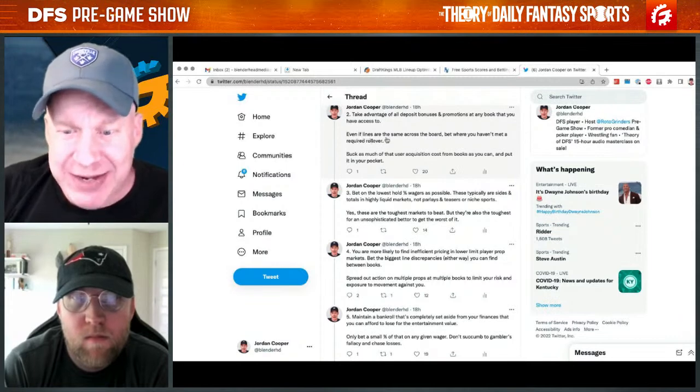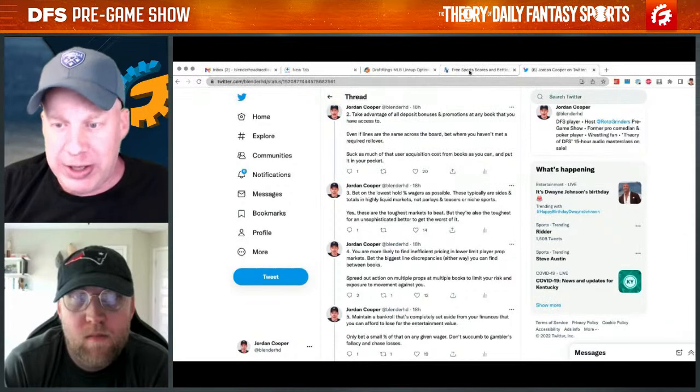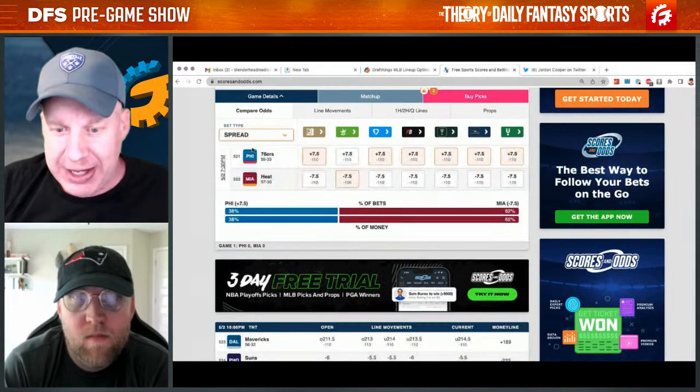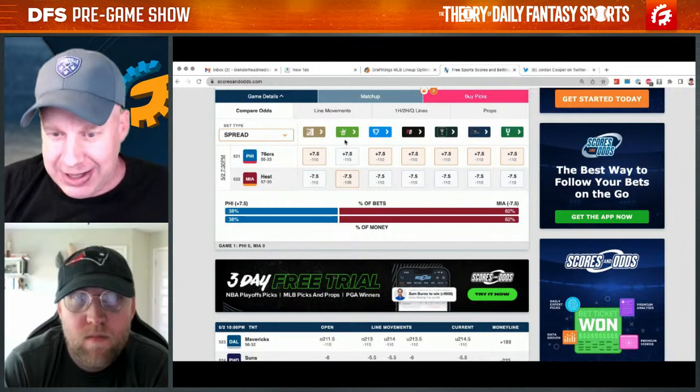So even if, let's say, on the example that the lines are the same across the board, we go to the spread, right? 7.5 everywhere. DraftKings has a 10-cent difference, but everything else is minus 110.